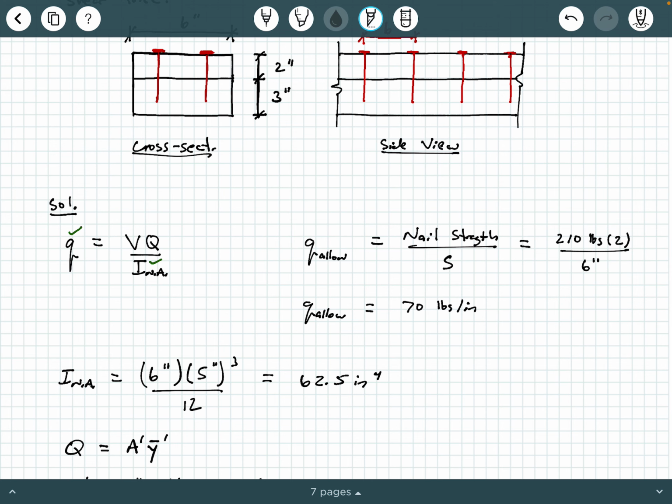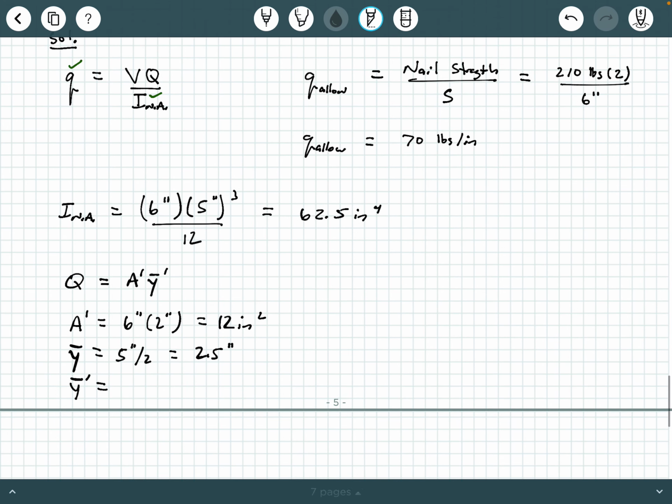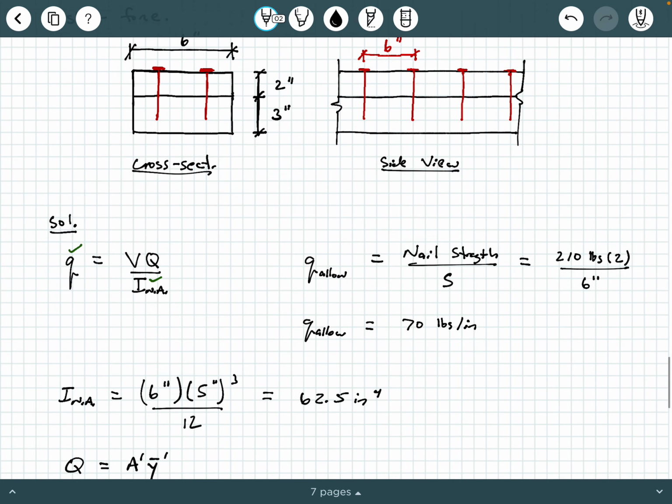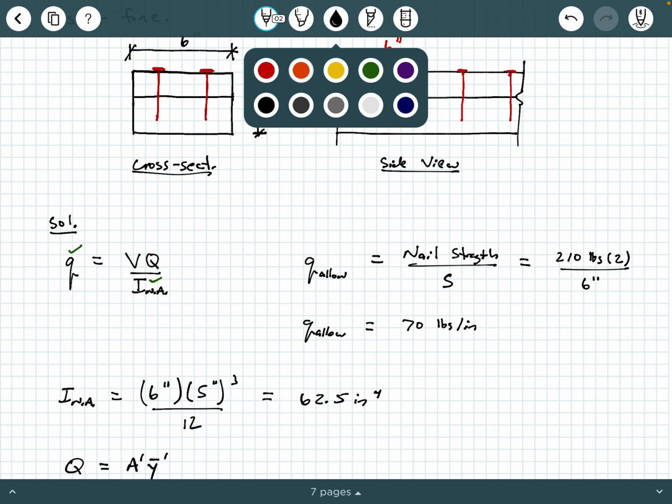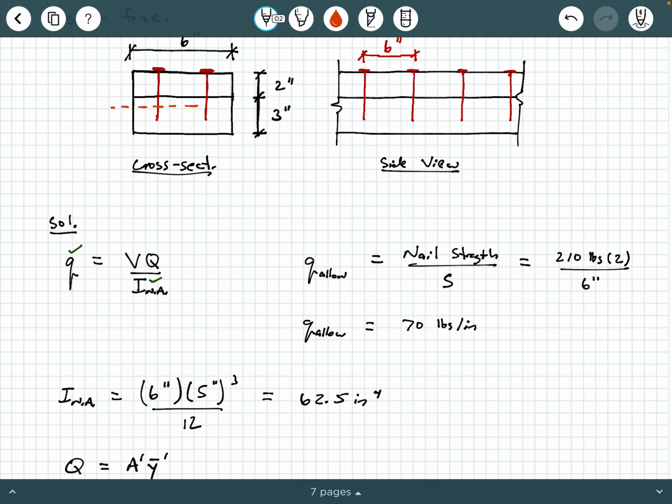So that's going to be 4 inches minus 2.5 inches, which is 1.5 inches, okay? And again, how do I know that? Well, the overall neutral axis is right here at 2.5 inches, okay? And then up here is A prime. So y prime bar is right here, all right?